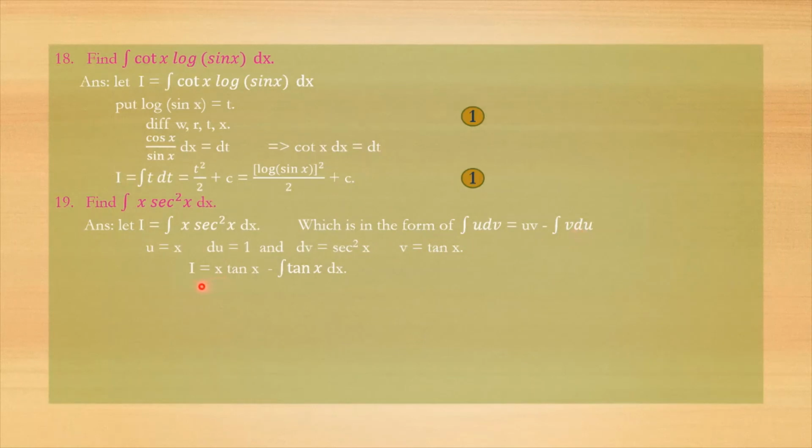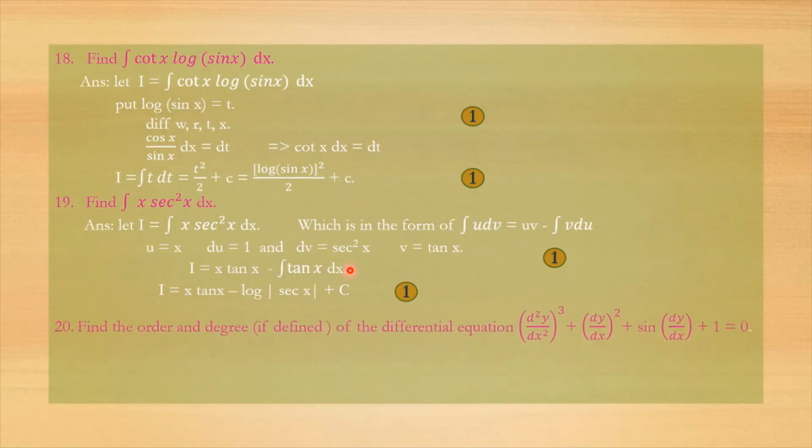So I is equal to u into v, meaning x into tan x, minus integration of v into du, v is here tan x, into du is 1 into this one. For this you will be getting 1 mark. So now the final output will be x tan x minus integration of tan x, which is log of secant x, plus c. This will be awarded 1 mark.